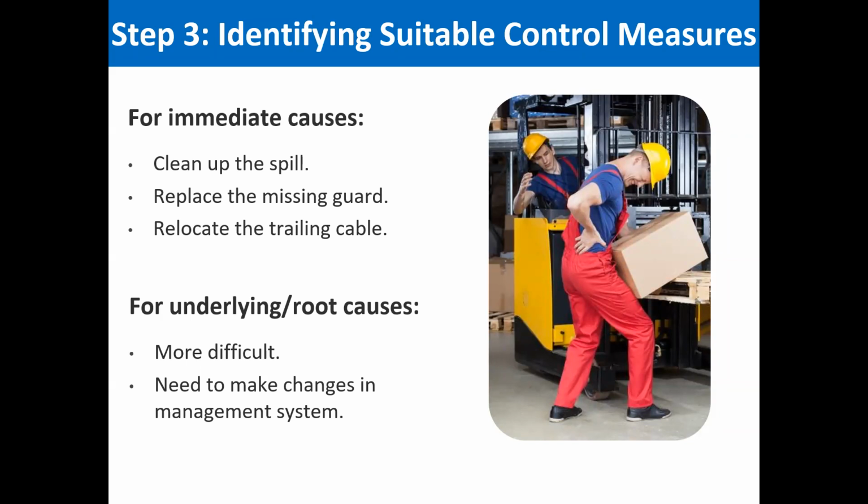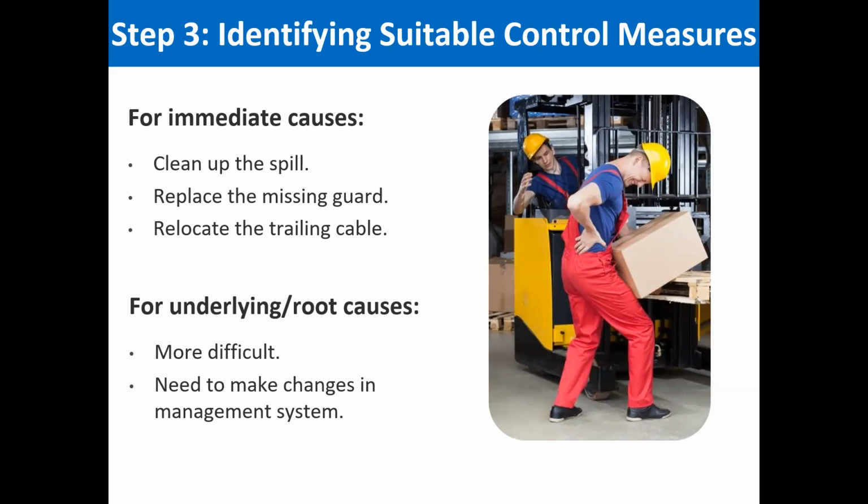So in order to correct the maintenance of vehicles, you need to develop a proper maintenance program, a proper maintenance procedure. So the underlying cause is poor maintenance. In order to address poor maintenance, you need to review and update the maintenance procedure or develop a maintenance program. So that takes long and it is more difficult to take.